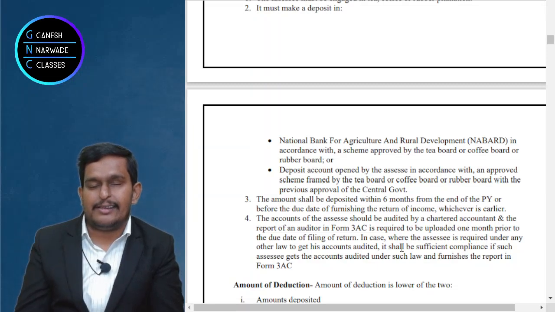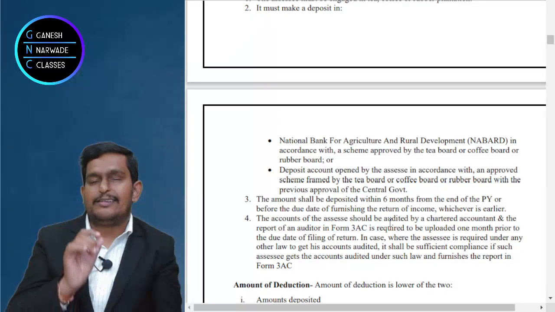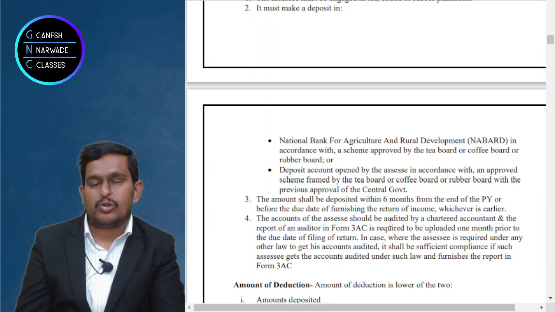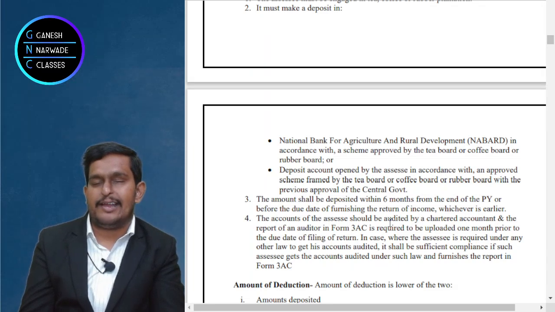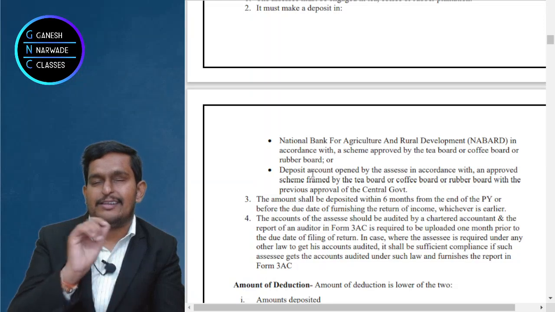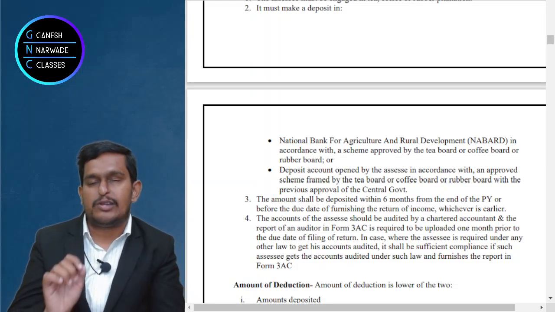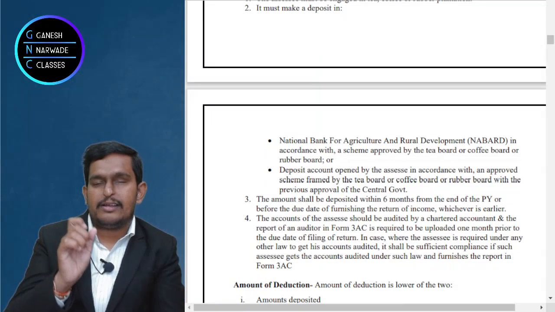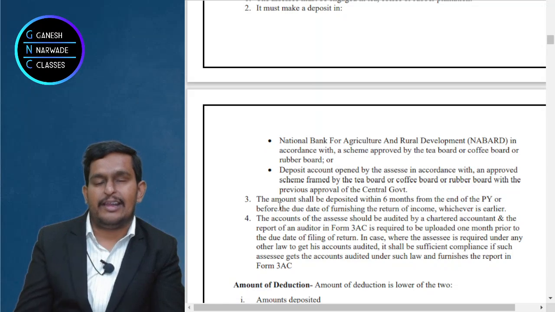The answer is, you should deposit the money within 6 months of the end of the previous year. The previous year ends on 31st March. From that date, within 6 months, that is till 30th September. So you should deposit the money either till 30th September or till the due date of filing returns.